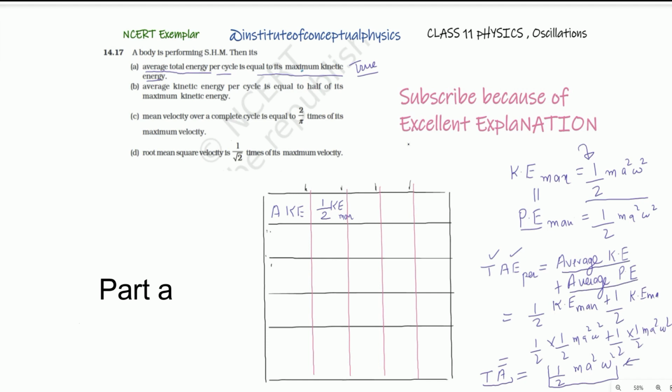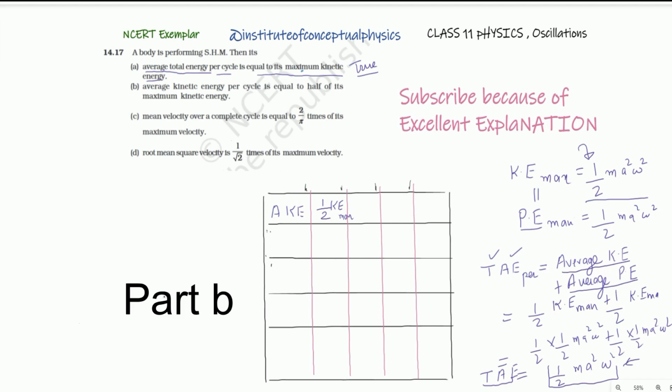We know the value of average kinetic energy and the average potential energy. We added the two and got the answer as total average energy per cycle, right? It's a sum of the two energies. So you can see, this is true.